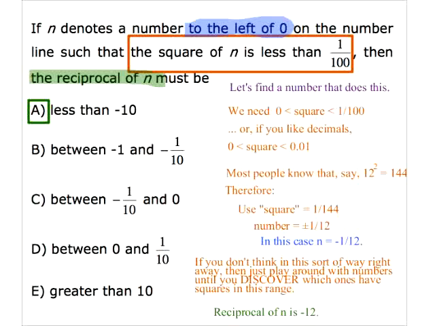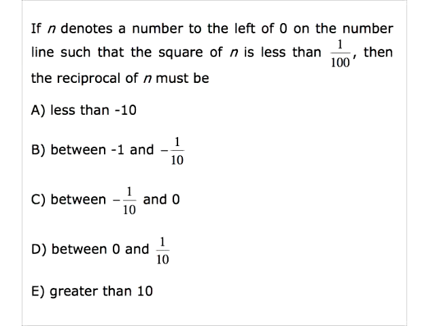Here's another approach. This is the more traditional approach to this problem, if you're going to use algebra. We know that n squared is less than 1 over 100. And we also know that it's greater than 0, because the number itself is not 0.